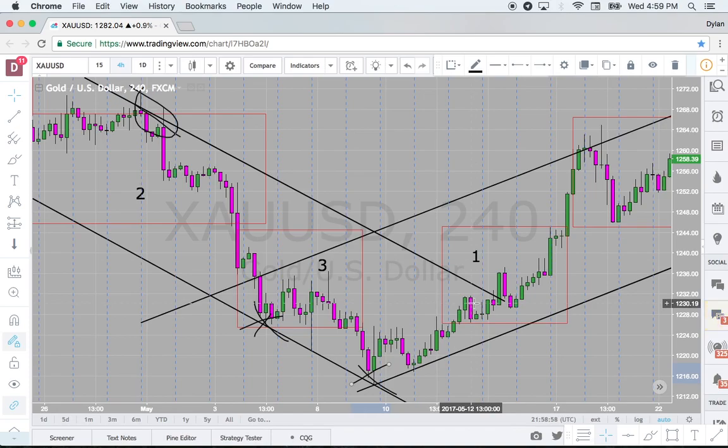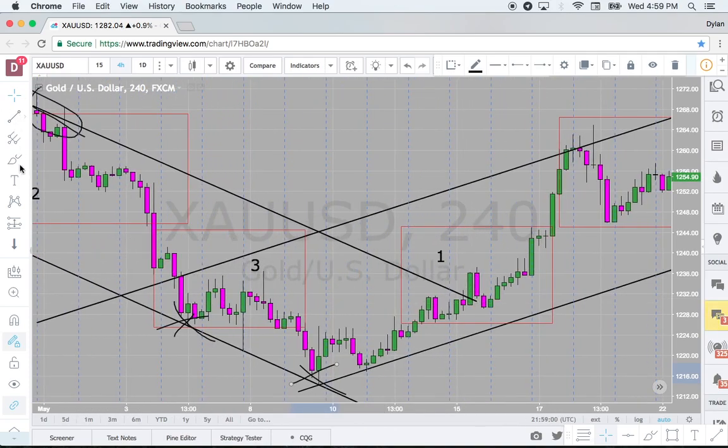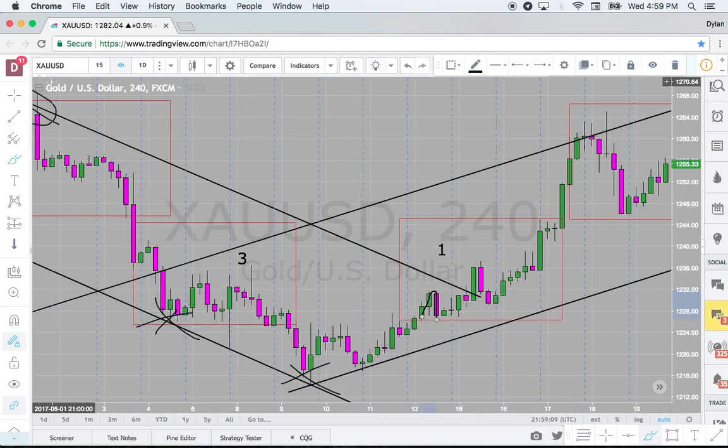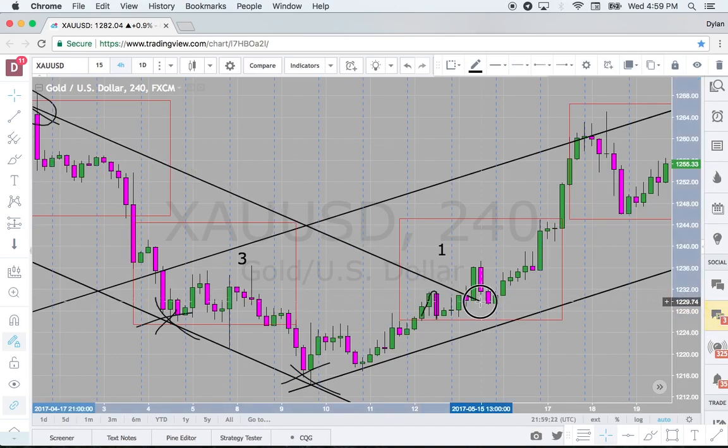But wait, it got right to it, and then it fell here. Ooh, what are we going to do about that? Are we going to sell here, or are we going to wait? Are we going to get in as retail traders?